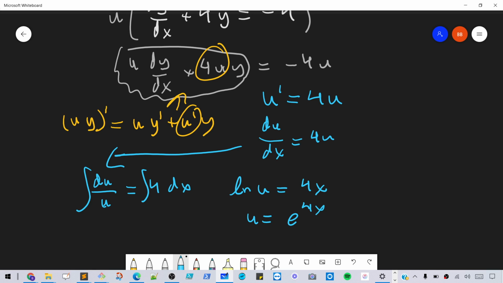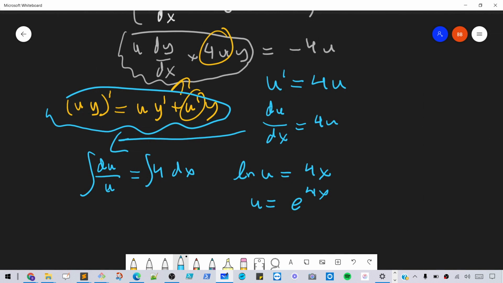Okay, then going back, since using this equation, we can write the whole left side as u, which is e to the 4x, times y, the derivative of all that is going to equal, and then our right side is minus 4u, which is going to be minus 4 e to the 4x.